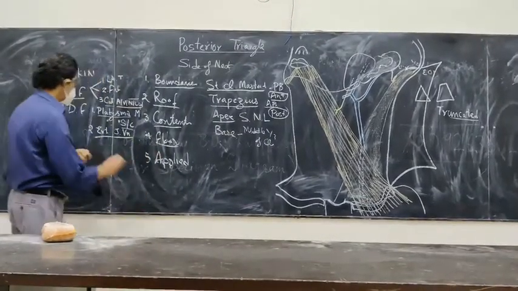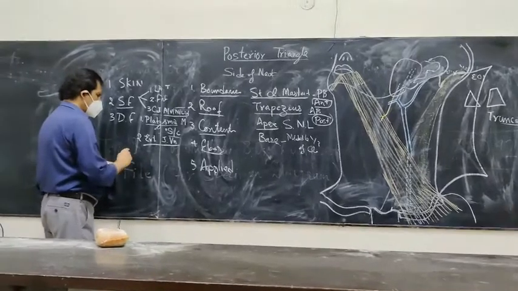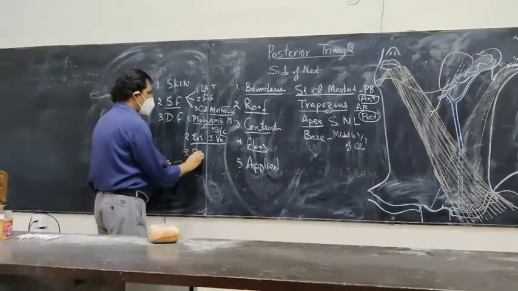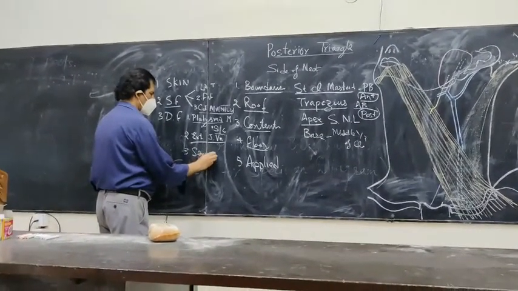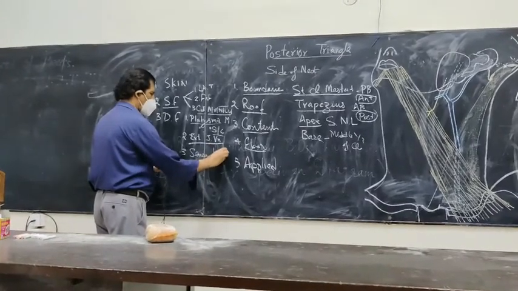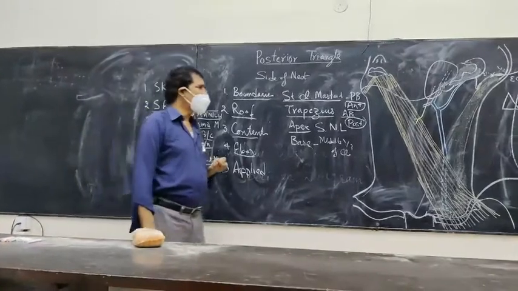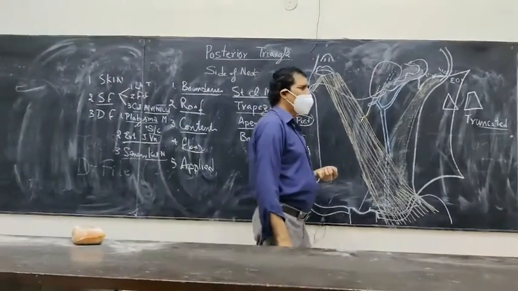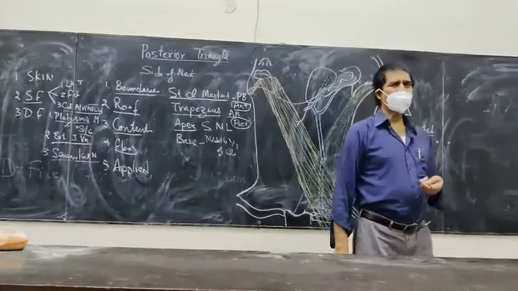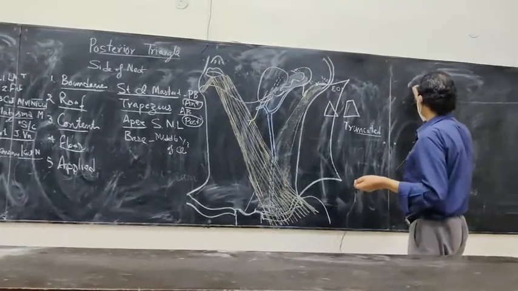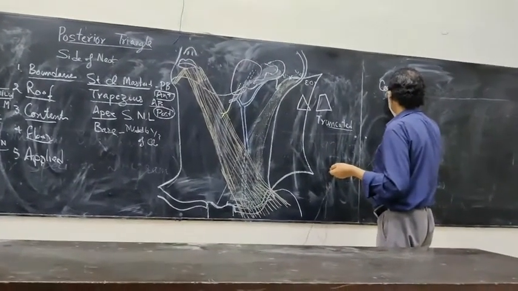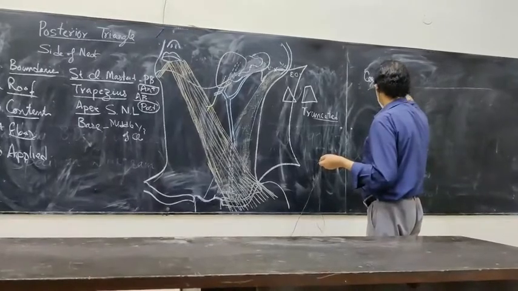Besides this, there are also sensory or cutaneous nerves present. The cutaneous nerves lying in the roof of the posterior triangle are actually the product of the cervical plexus, like we have done the brachial plexus.